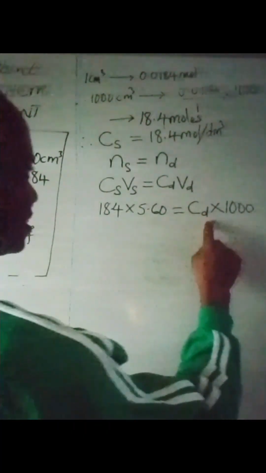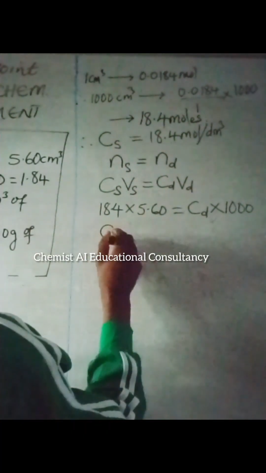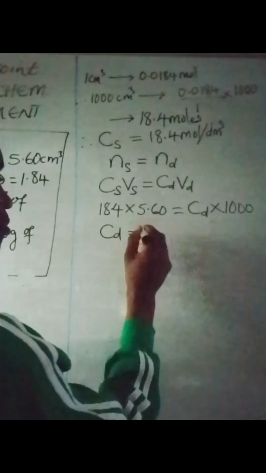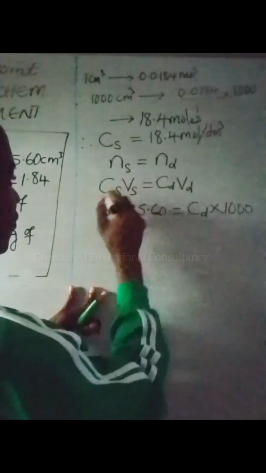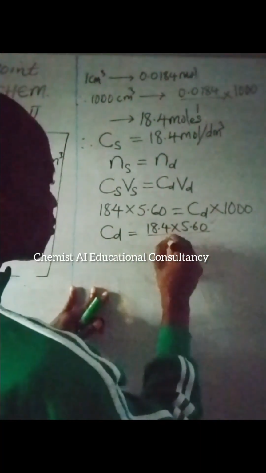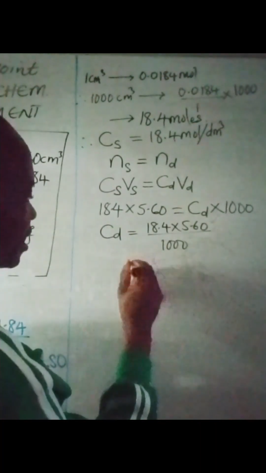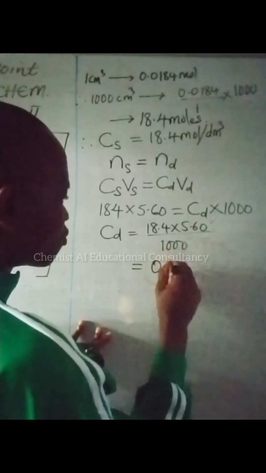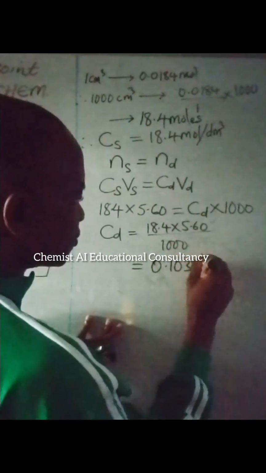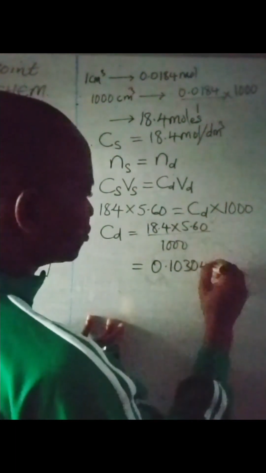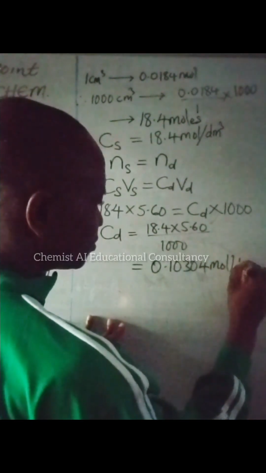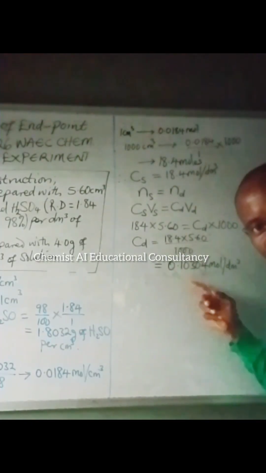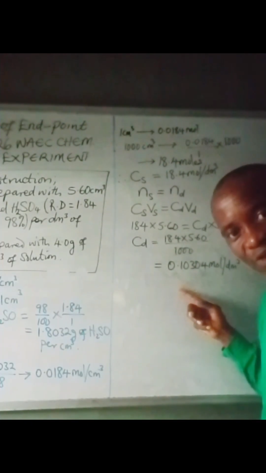Now you make CD the subject of the formula. CD, that is concentration of the dilute solution, equals the whole of this divided by 1000. You are going to get 0.10304. Concentration is in mole per dm cube. This is now the concentration of the acid that you'll be working with.